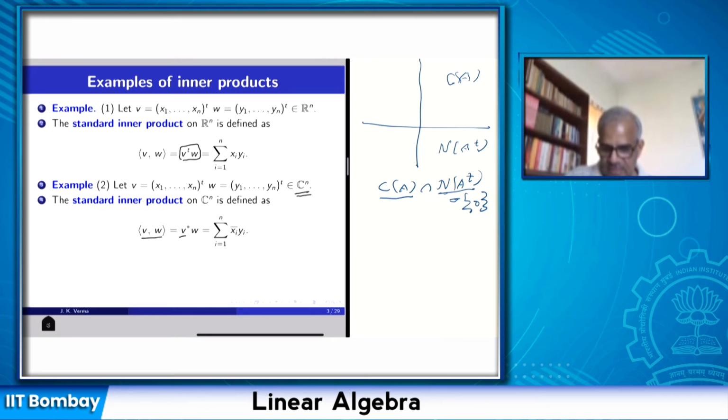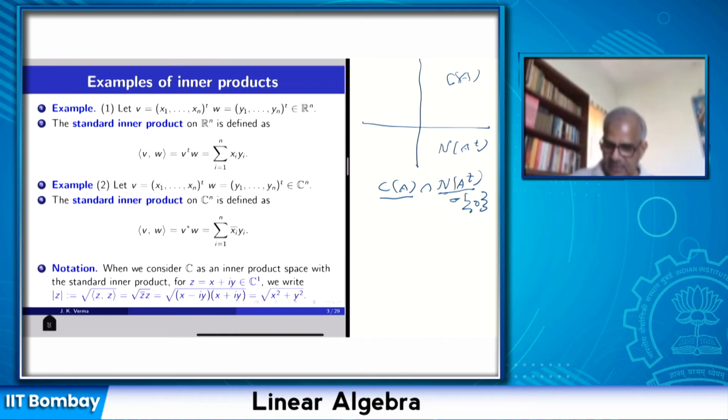V is a column vector, V star is a row vector. How to get V star? First make it a row vector, that is, take the transpose of V, and then take the conjugate of every entry. That is my vector V star. Then multiply this row vector with the column vector W, and this is the summation of xi bar yi. So this is the inner product in Cn, thought of as a complex vector space.